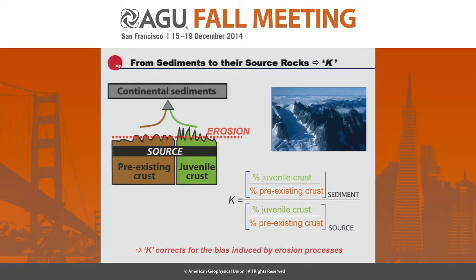Therefore, in your sediment, you will have a larger proportion of sediments coming from the juvenile crust, and the average age of your sediment is going to be younger. This is what is expressed here through that erosion parameter K, which is basically the proportion of the juvenile crust over the pre-existing crust in a sediment, over the proportion of the young crust to the pre-existing crust in the source.